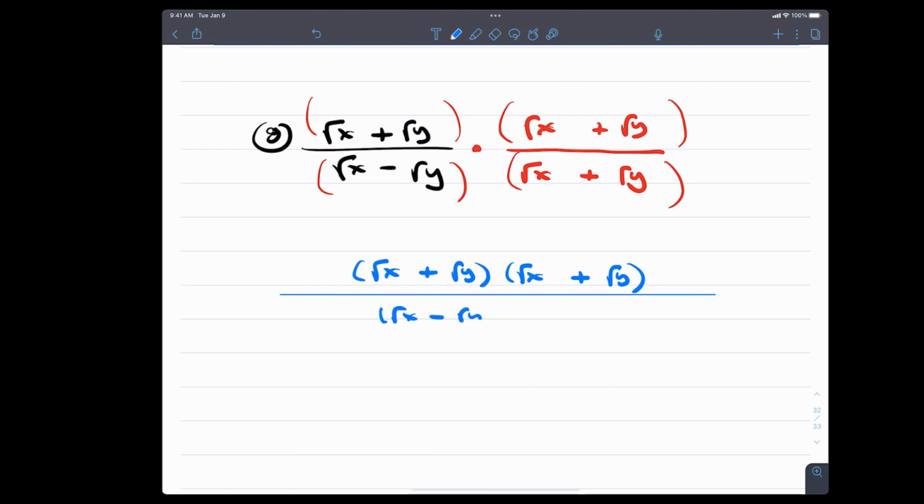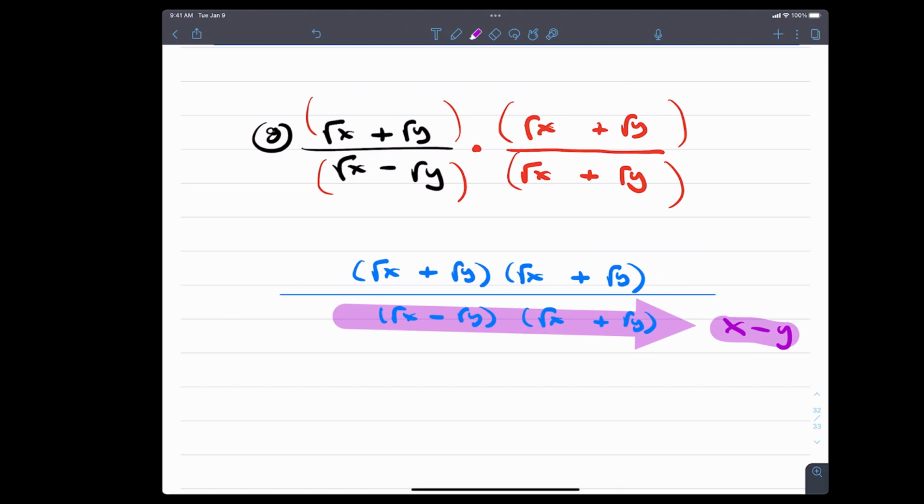Okay, so I'm writing it down because this is how we multiply two fractions. It just so happens in the denominator position, once again, we have conjugates. So what does that give you? X minus y. Outstanding, because these are conjugates in the denominator.